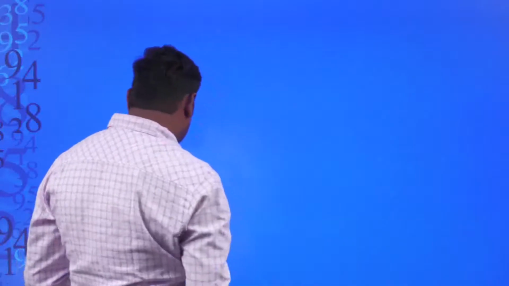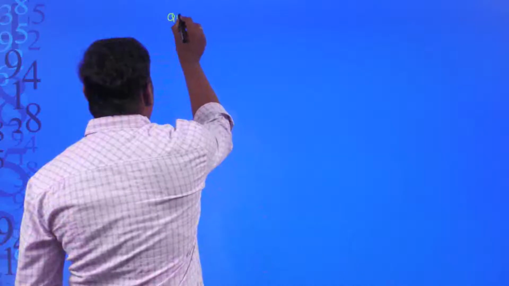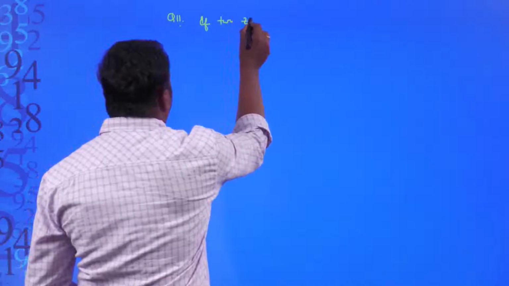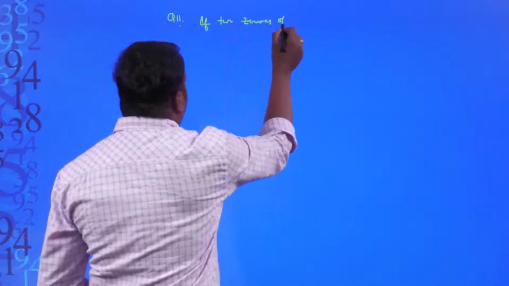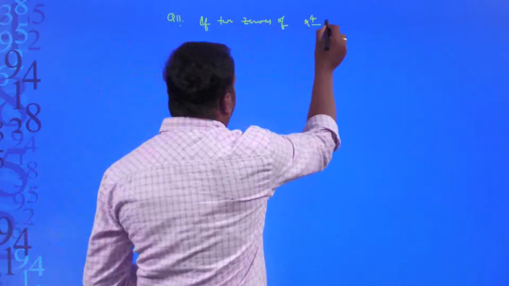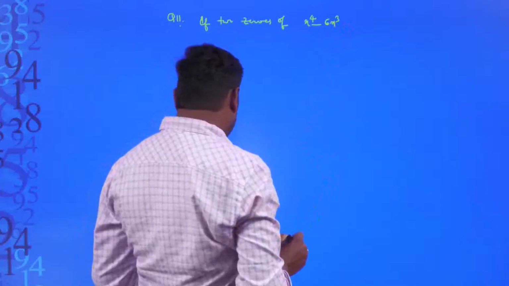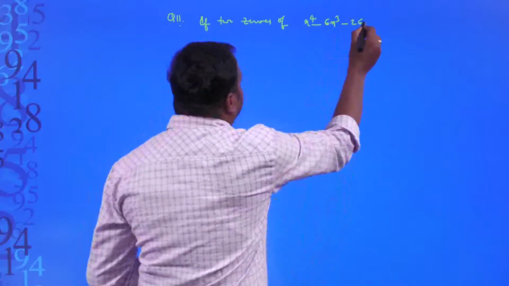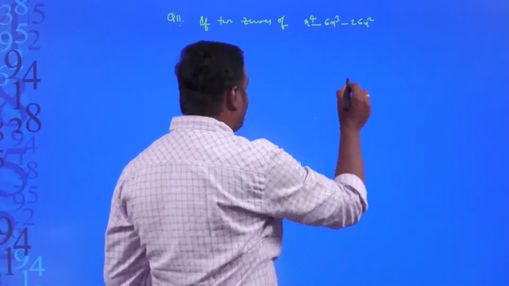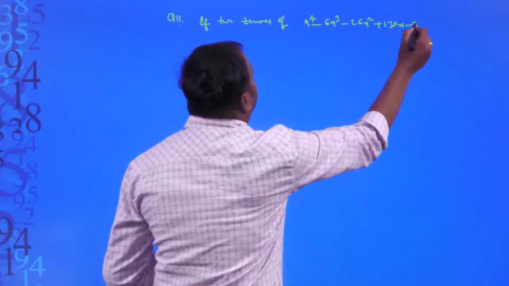The problem is given like this, that is, next question is, if two zeros of polynomial x to the power of 4 minus 6x cube minus 26x square plus 138x minus 35.